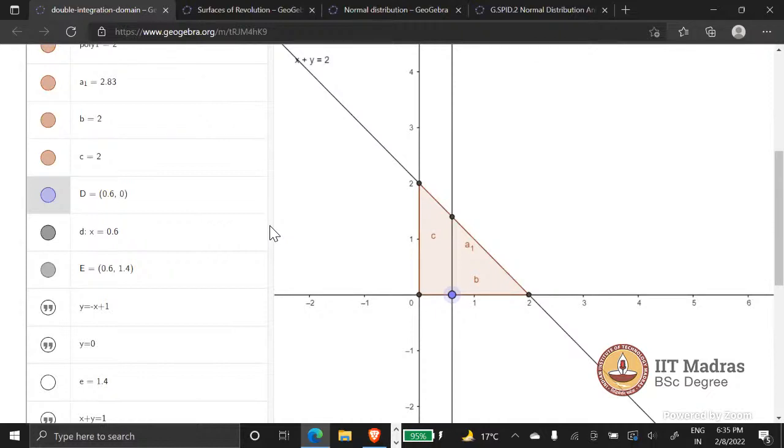So why, when we're integrating, should we take the surface as one of the limits? Why do we take that limit?